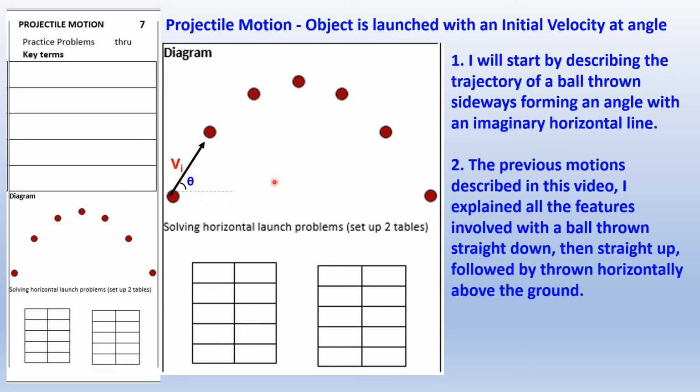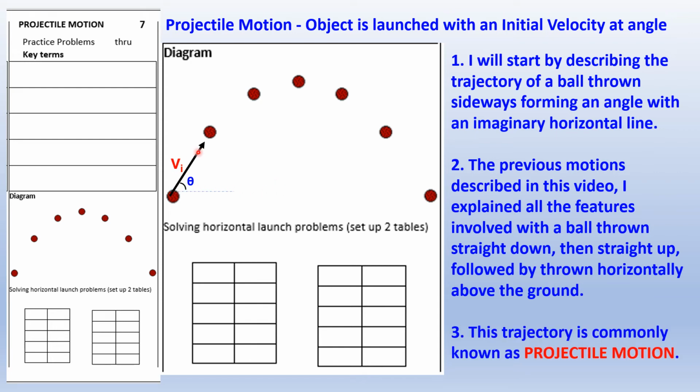In the previous motions described in this video, I explained all the features involved with a ball from straight down, then straight up, followed by from horizontally above the ground. This trajectory here is commonly known as projectile motion.